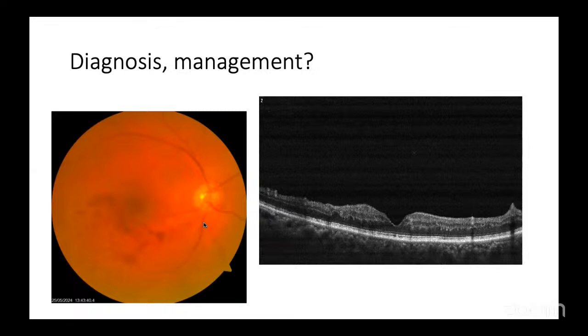Suppose his vision is less than 6/9, 6/36 or so. Actually, with the thickness of the retina, I can wait. I cannot go for injection as the retinal thickness in OCT is not too high. Okay. I can observe the patient first. Yeah, okay. Suppose he develops a drop in vision, you will go for anti-VEGF.